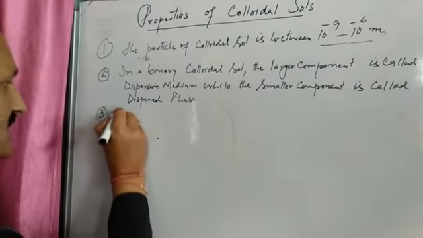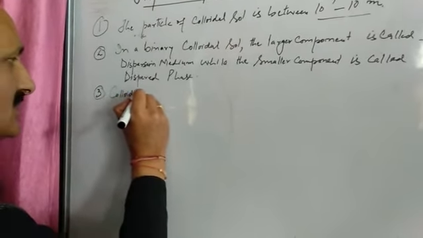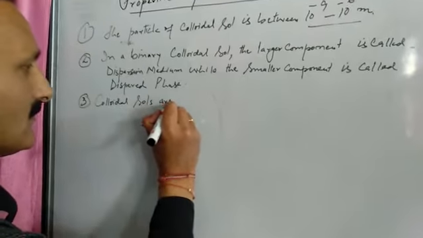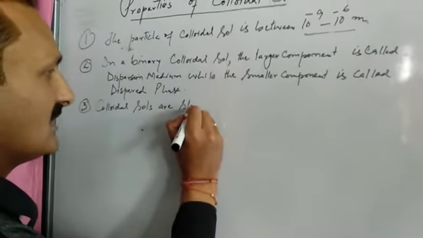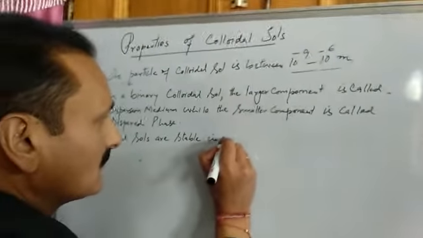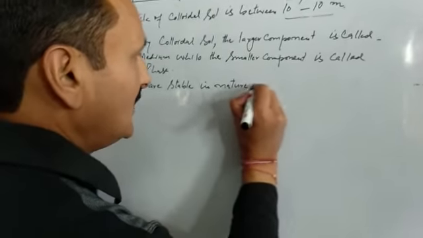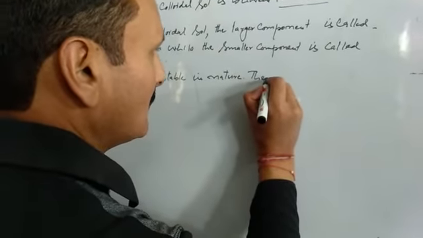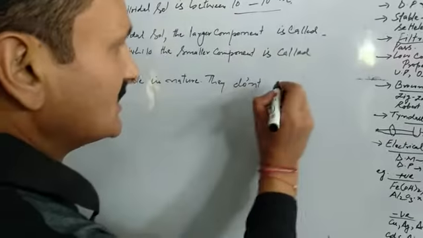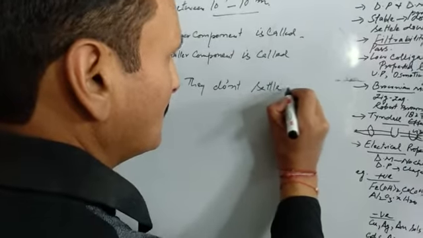Colloidal solutions are stable in nature. They don't settle down.